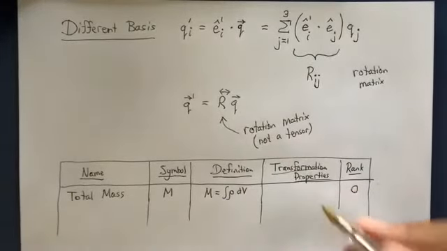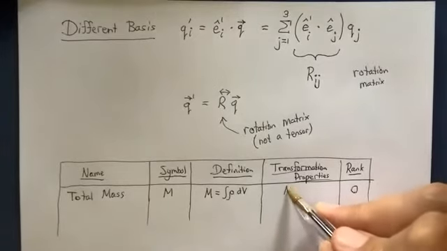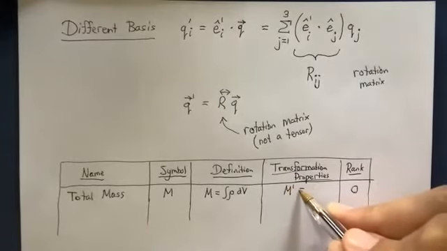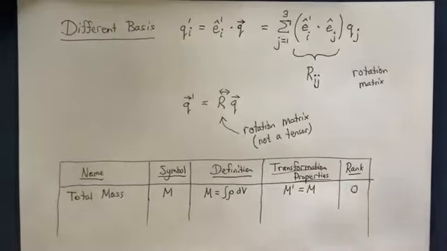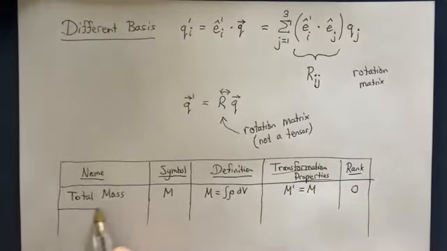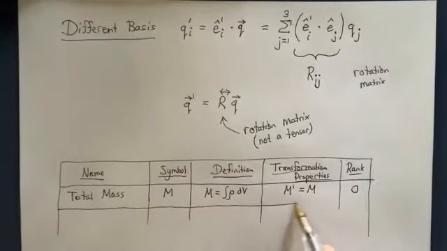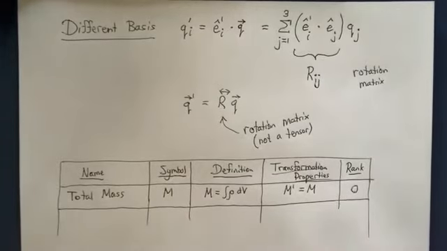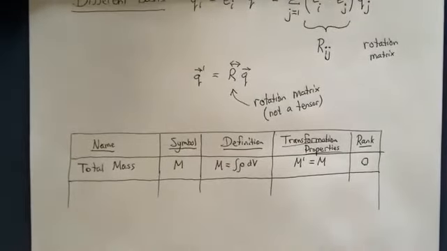Okay. If you do this in a different frame, you're going to find the same total mass. So that we're going to see is a very interesting observation compared to other tensors. Let's get right to work with a rank 1 tensor. The center of mass.